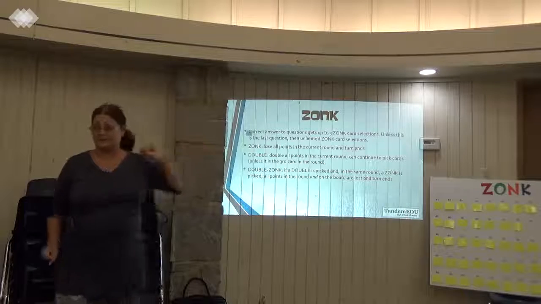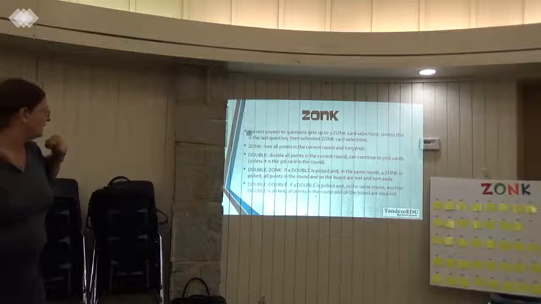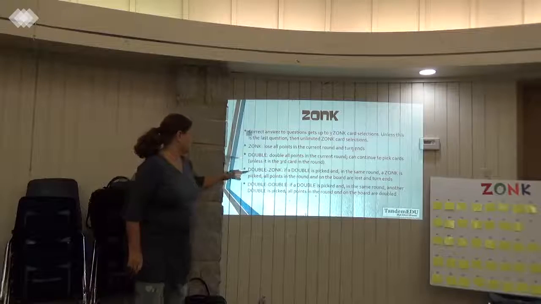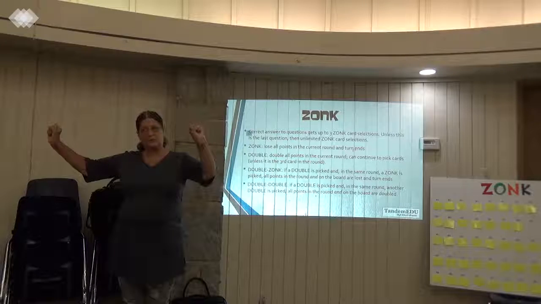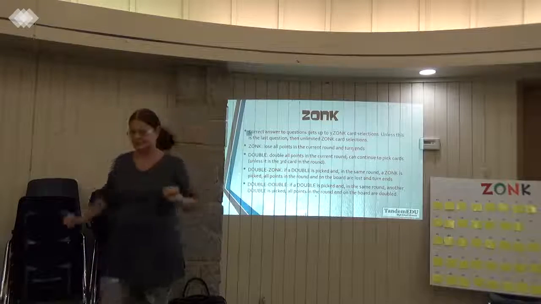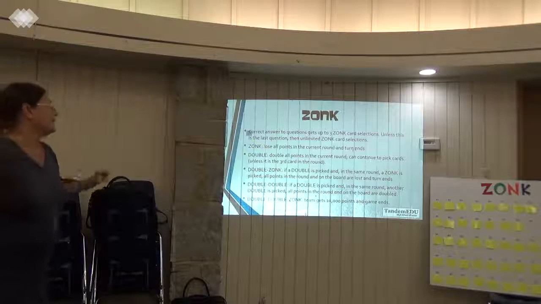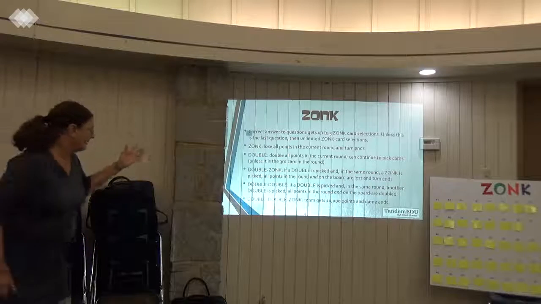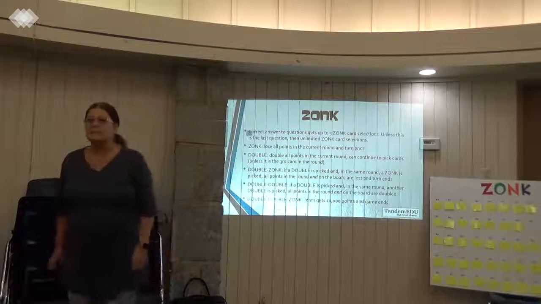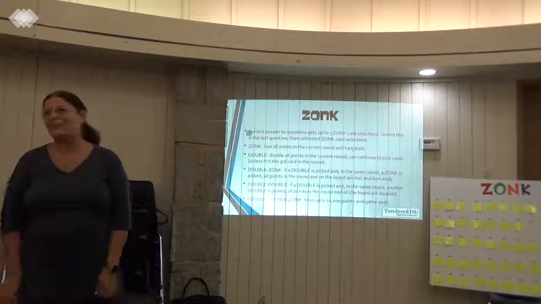It's a double Zonk, okay? Oh, you wouldn't believe the things they've asked me. If they get a double-double, then they double what's in their hand, and they double what's on the board already. Oh, I didn't know that one. Double-double, okay? And, okay. What if we get a double-double Zonk? They get 10,000 points and they win. Because there's no way to do better than that.